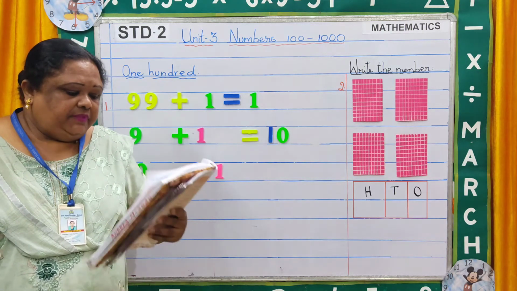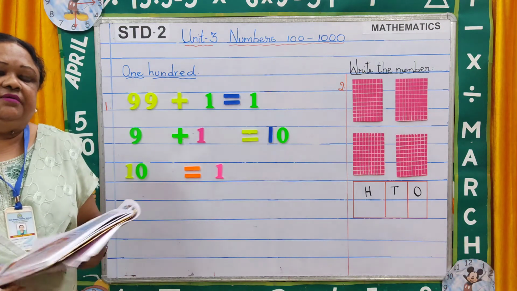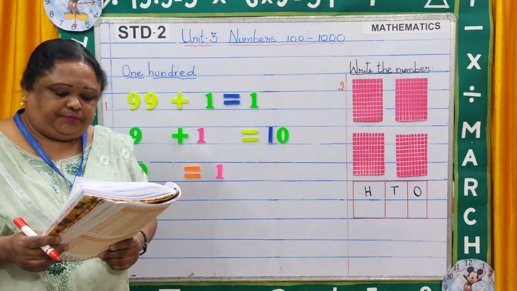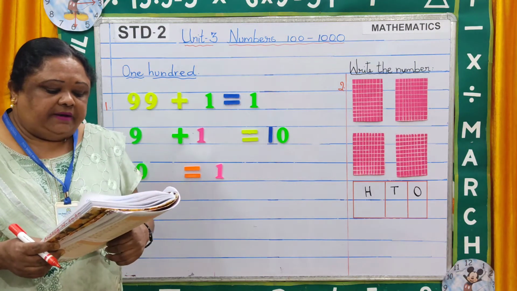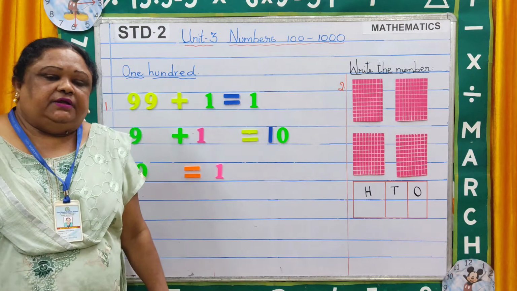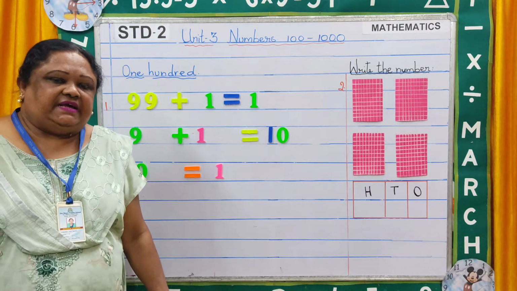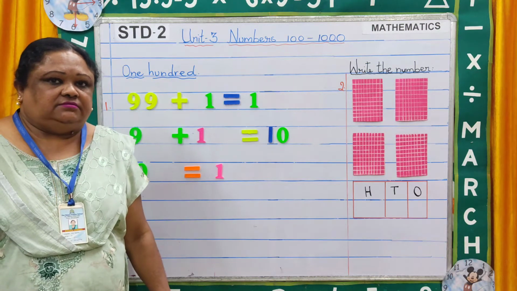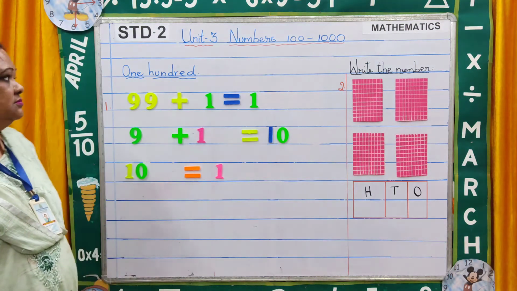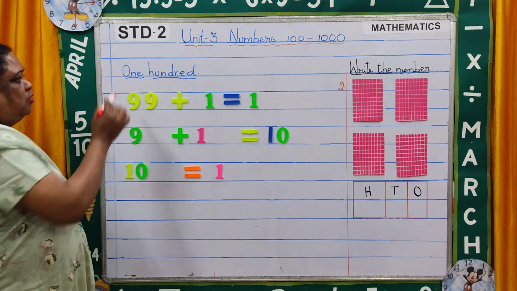In our number system, we have groups of 10. And in two-digit numbers, the symbol on the left hand side is always the tens. Now let's come to the first one, 100.